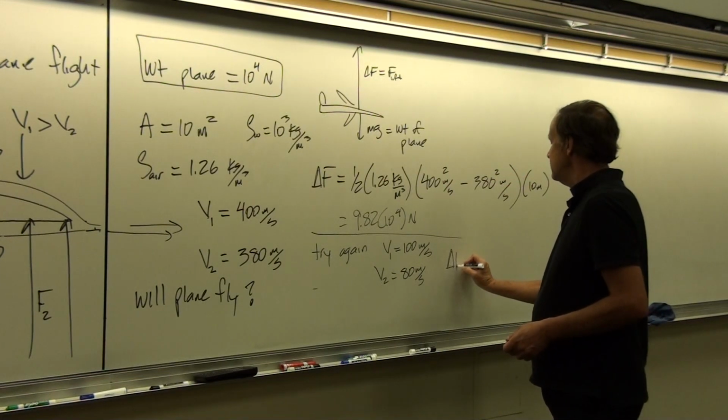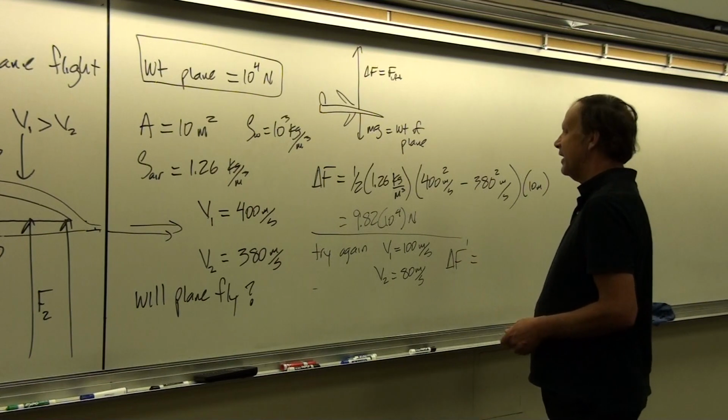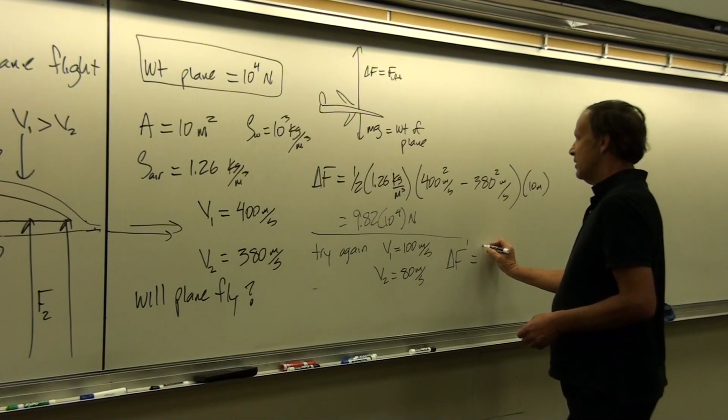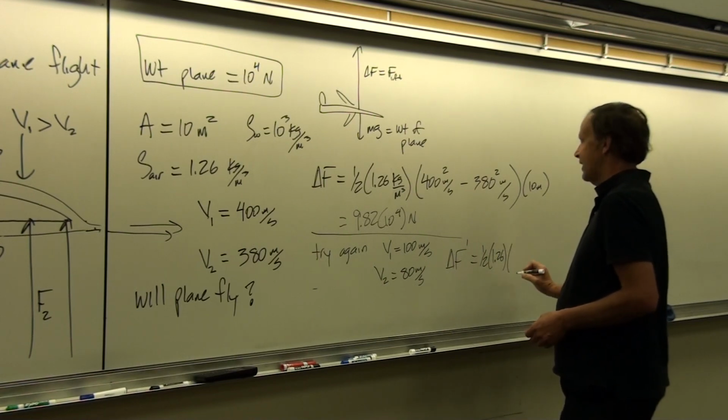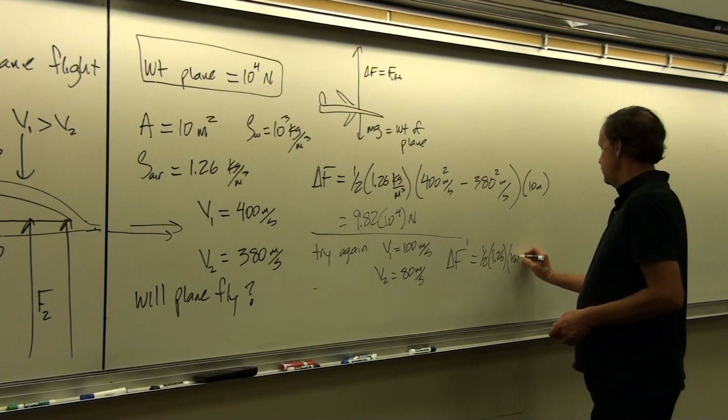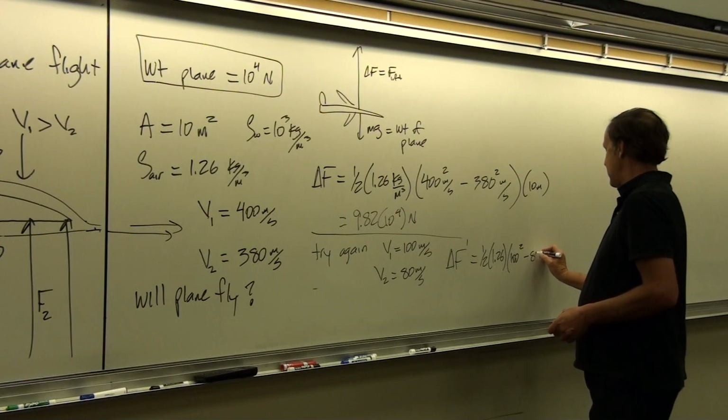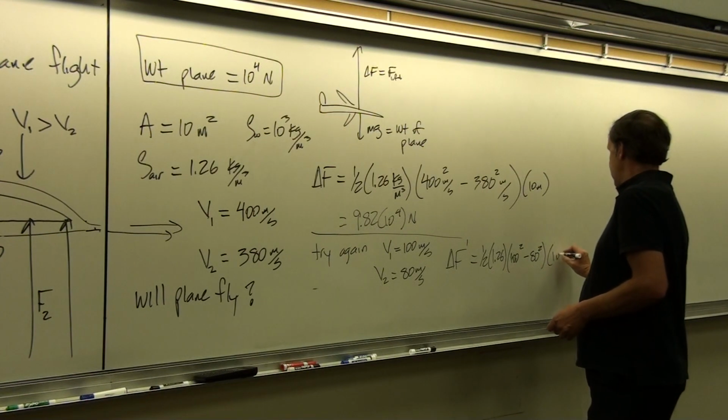So now this new delta F prime, I could call it, would be 1/2 times 1.26 times 100 squared minus 80 squared times 10.